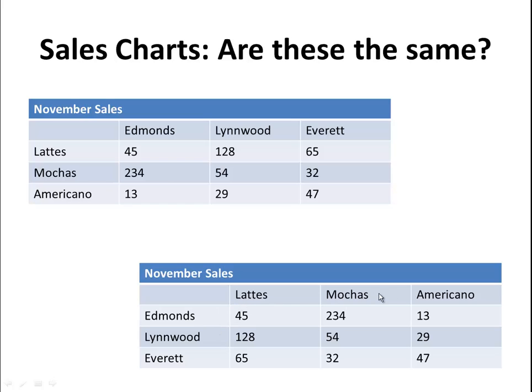I now have my lattes, mochas, and Americanos, my coffees, listed as the column heading, and my locations listed in the row heading. The numbers still match. What was lattes at Linwood becomes Linwood lattes. It's just kind of different, but I still get 128. The Americanos at Everett are now Everett Americanos, still 47.